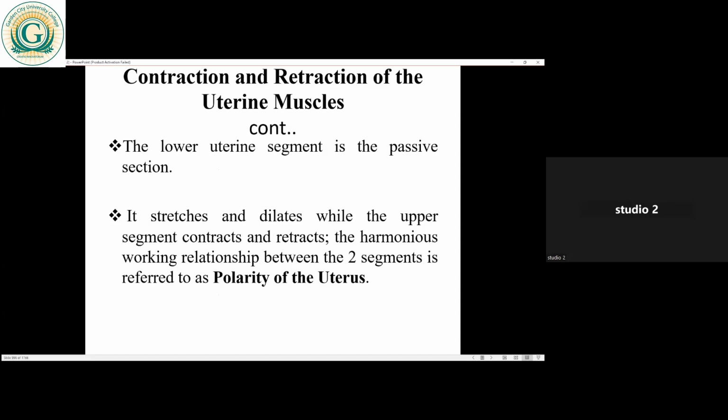The harmonious working relationship between the upper uterine segment and the lower uterine segment, formed by the isthmus of the uterus, they work in harmony. And we call that the polarity of the uterus.